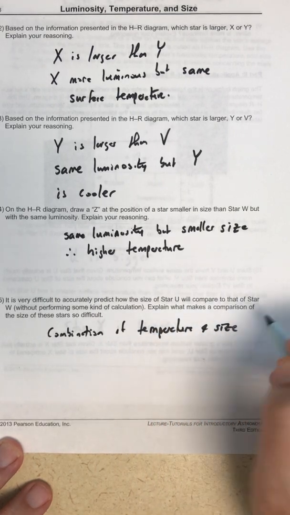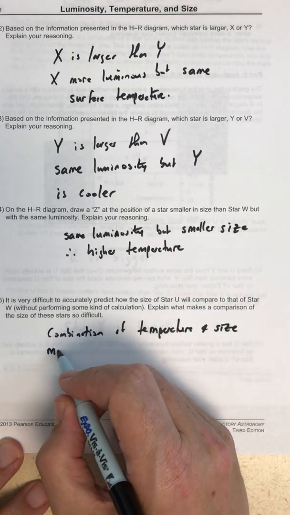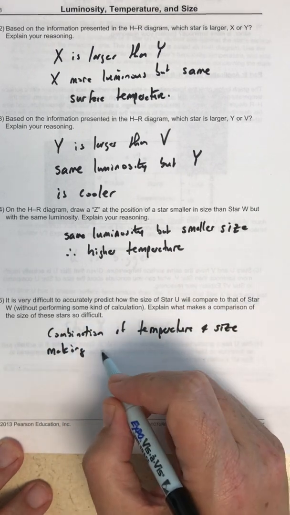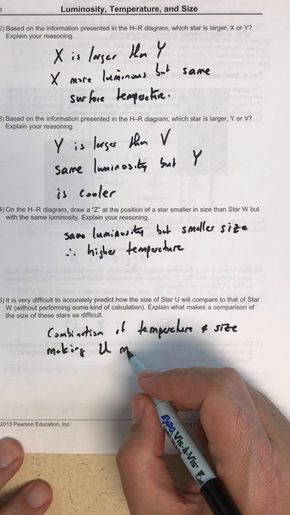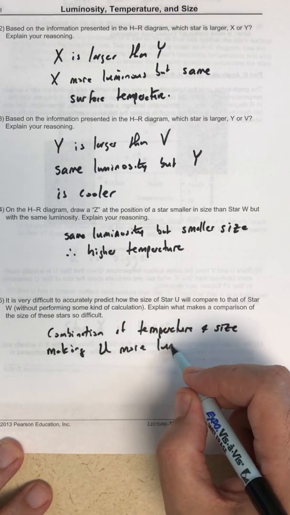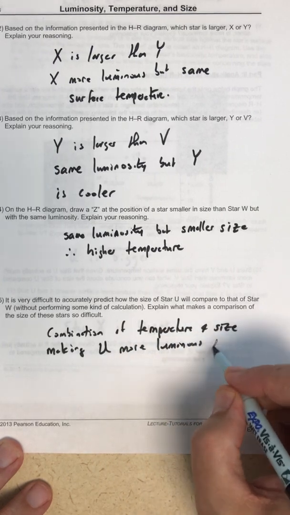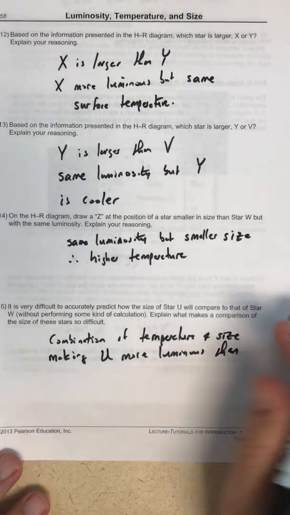So it's a combination of temperature and size making U more luminous than we're comparing to star W.